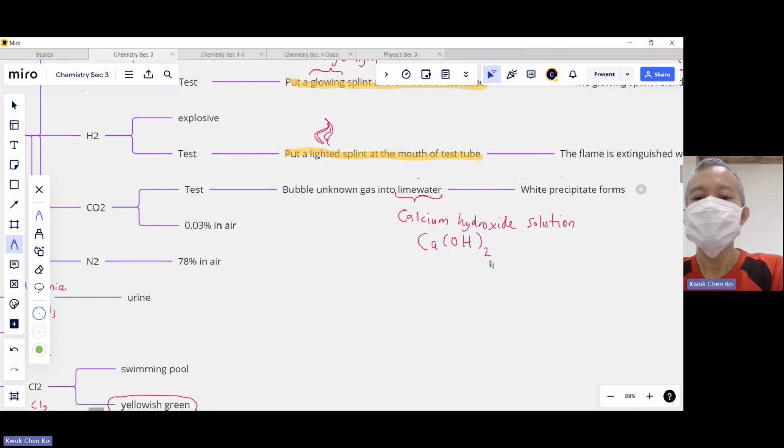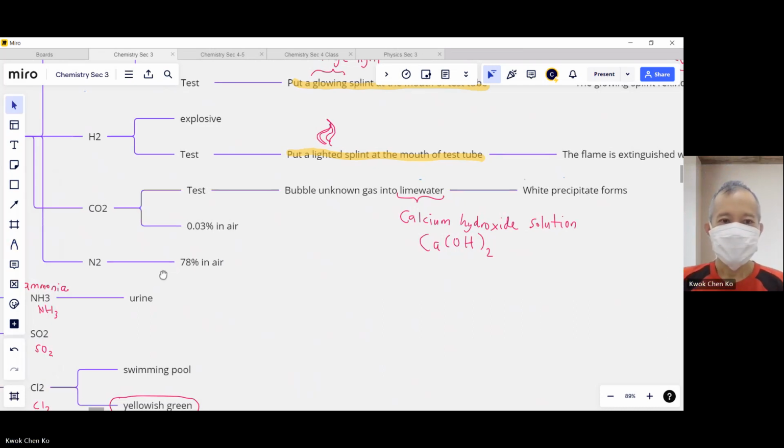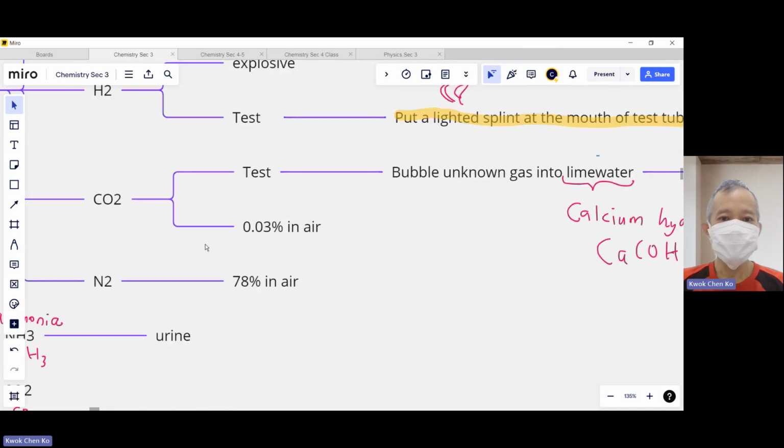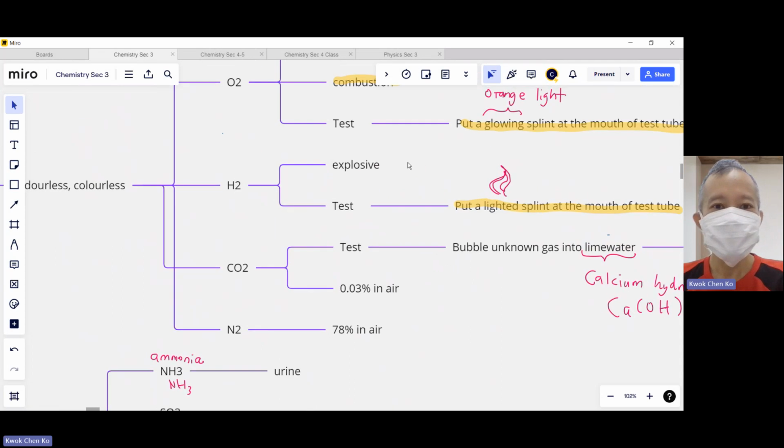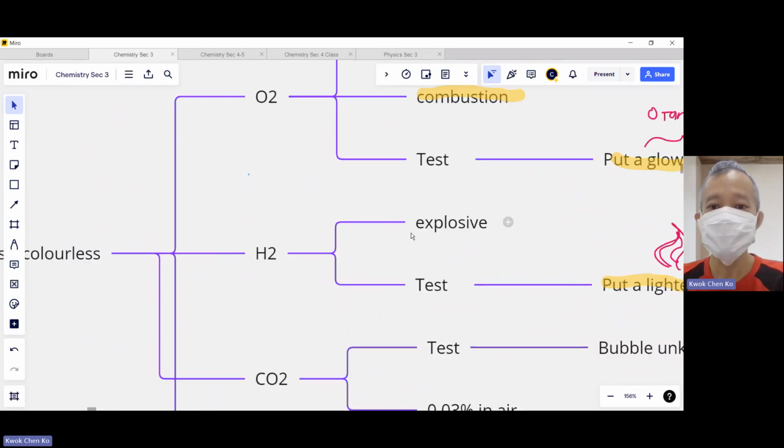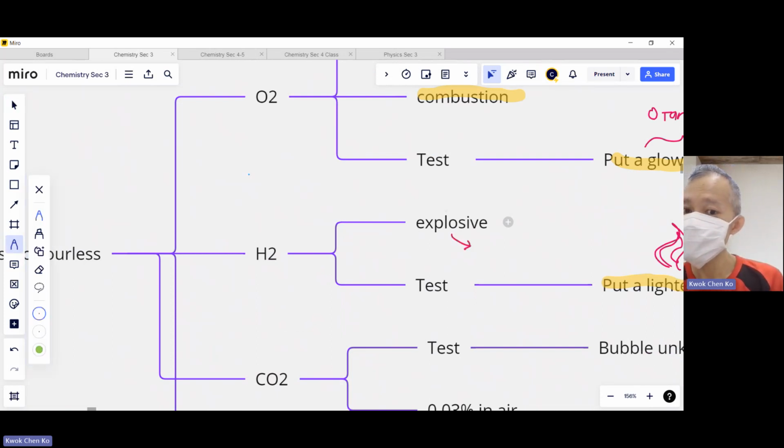We'll cover this sometime in the future, but just note it down for now. Just a small note, even though I haven't seen it being tested before, CO2 is about 0.03%. But now we are reaching about 0.04% already because of climate change, the release of CO2 in the air. Anything else I need to tell you? This one, did you write down this part? Yes, right? I hope you realize what that means. It means it's hazardous.